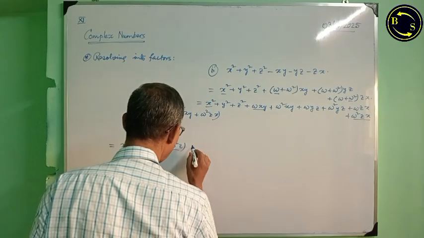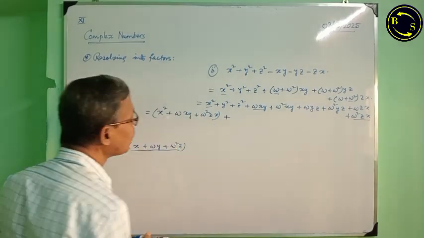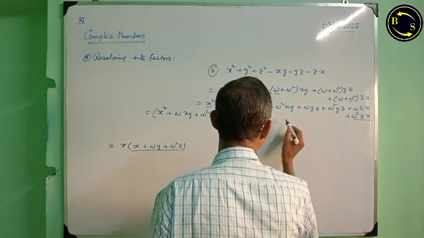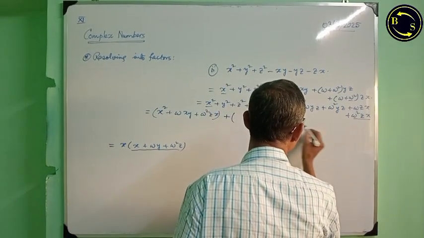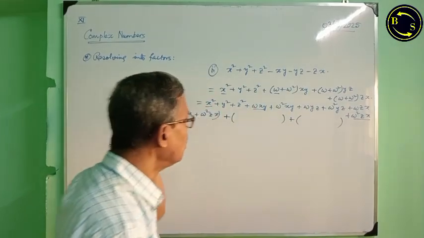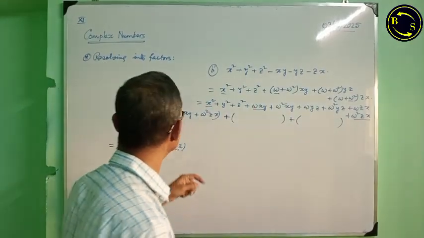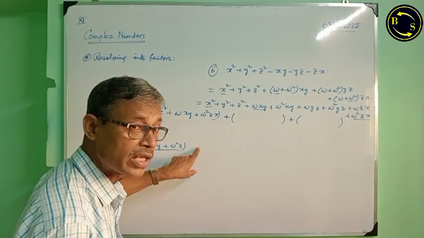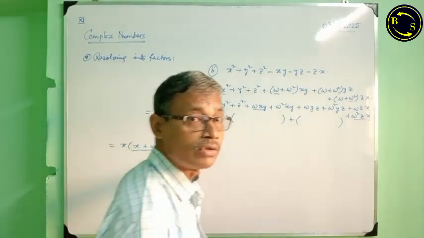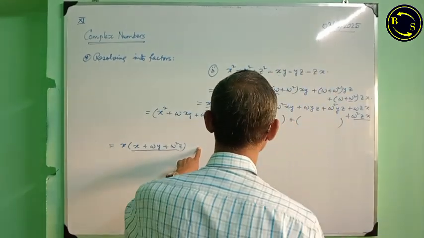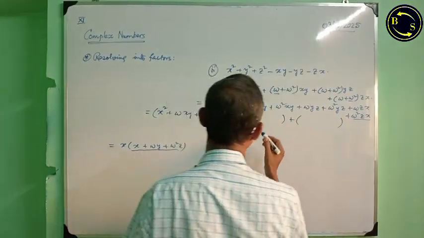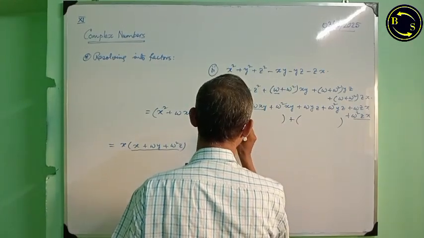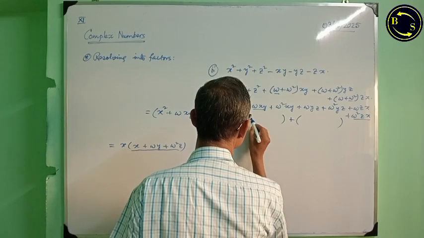Then we have to take here x, that means for the second one that will be y used term. That is why we take omega square xy.